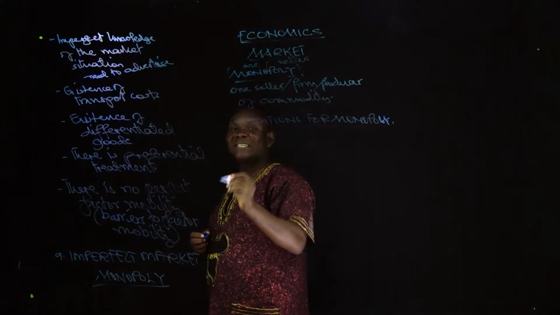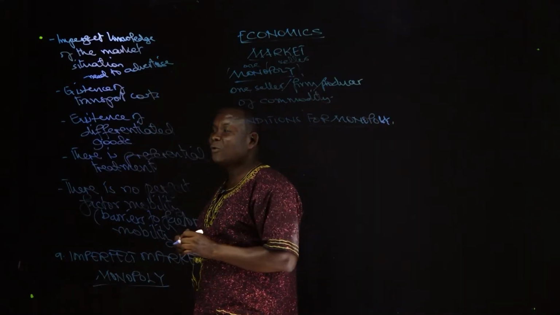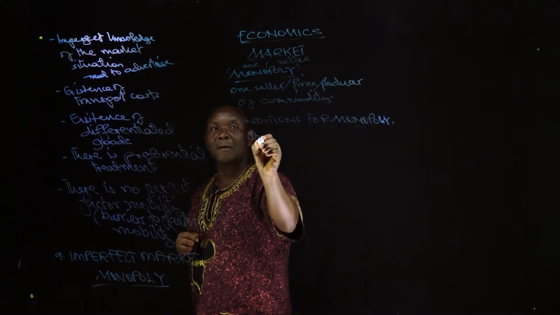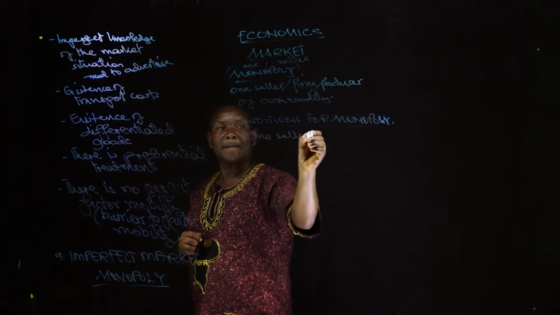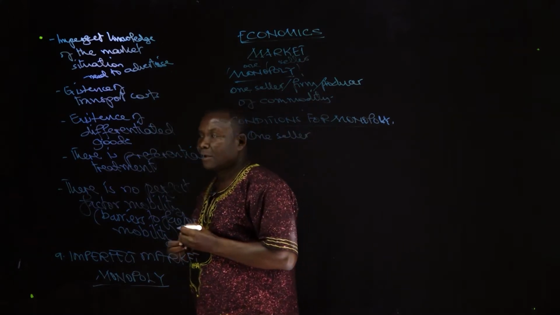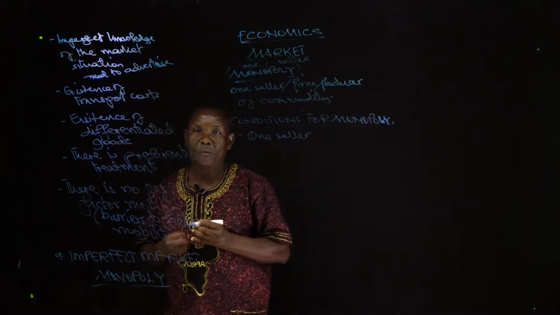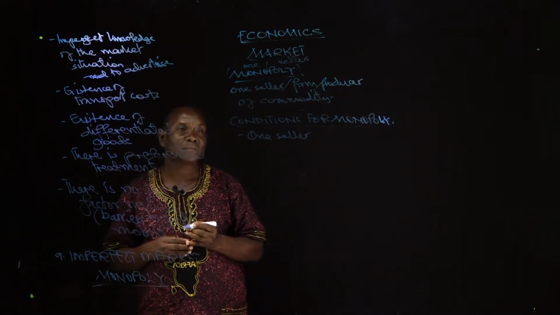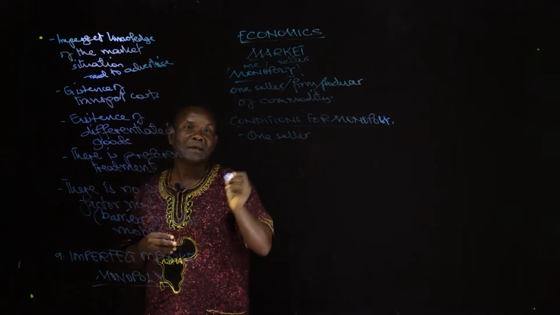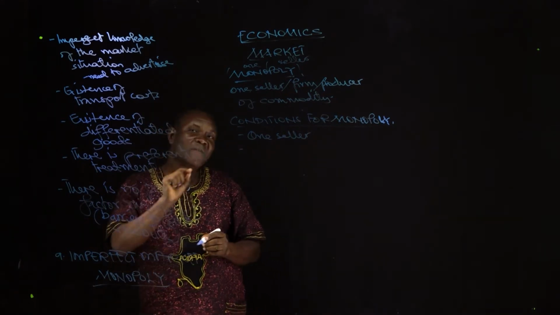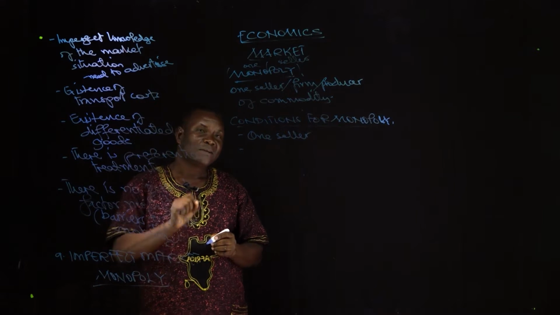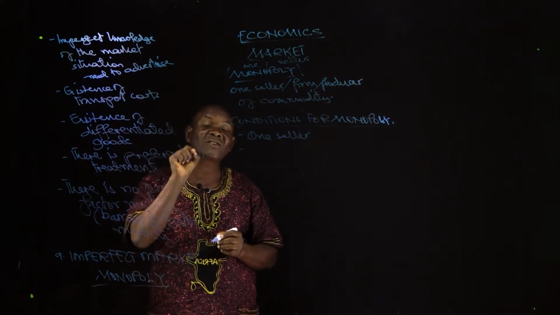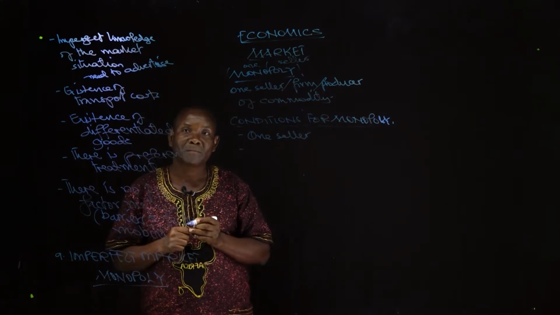For monopoly to exist, one, we need to have one seller, a single seller. You have only one producer, one supplier of a commodity in a market. Apart from having one seller, this one seller must be producing a commodity which has got no substitutes.